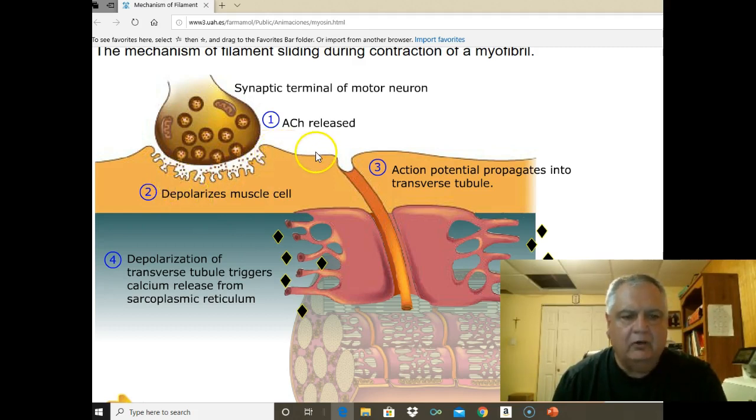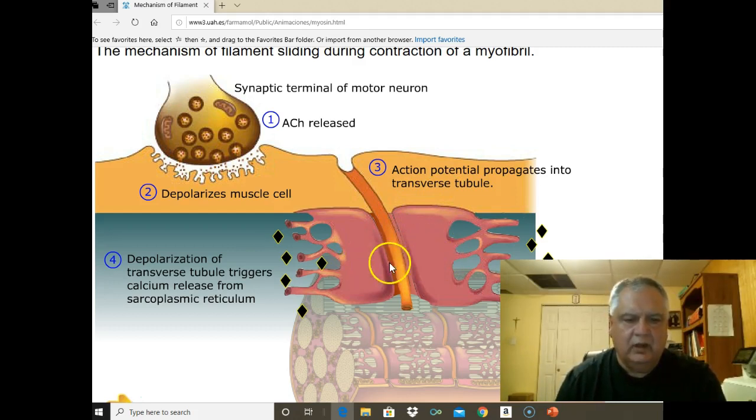Now we saw arrows here. Those arrows represented the action potential, the area of depolarization, moving across the membrane until it hit a T tubule. Then what happened? The action potential was propagated into the T tubule, or what we also know as the transverse tubule. And then it was propagated across the sarcoplasmic reticulum.